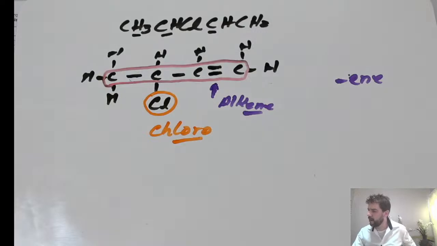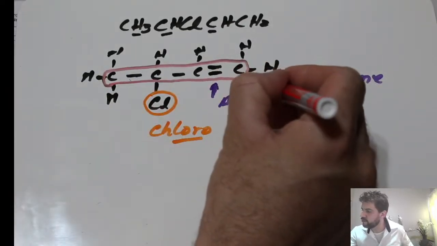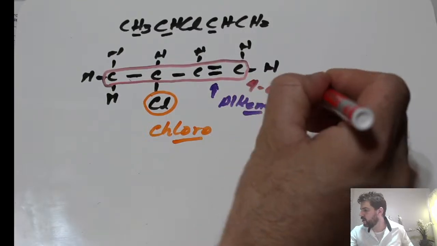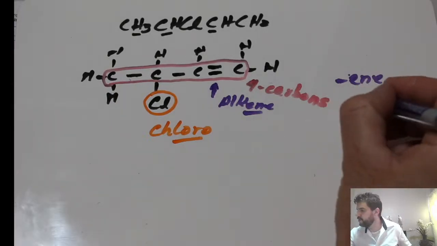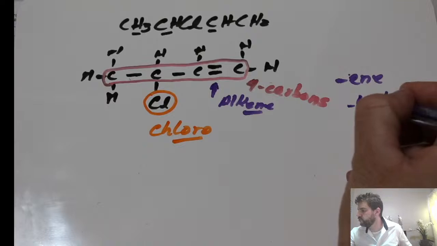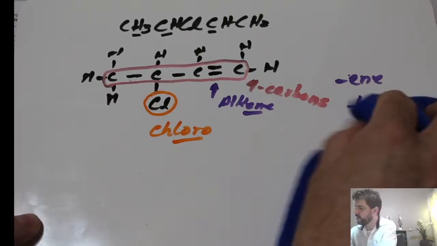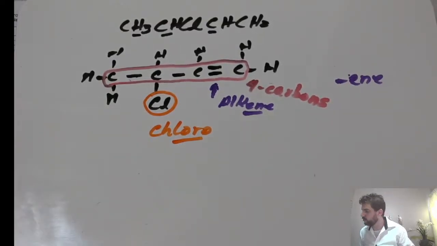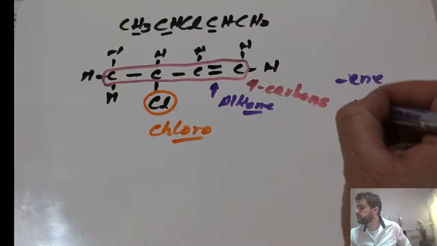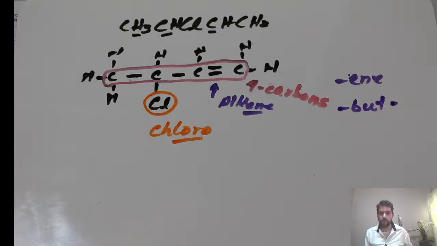We have 1, 2, 3, and 4 carbons. 4 carbons means it's but. Let me write that one like a U. Don't you think it's an A? I know you're struggling with my handwriting, even though it's beautiful. So it is but. There we go.